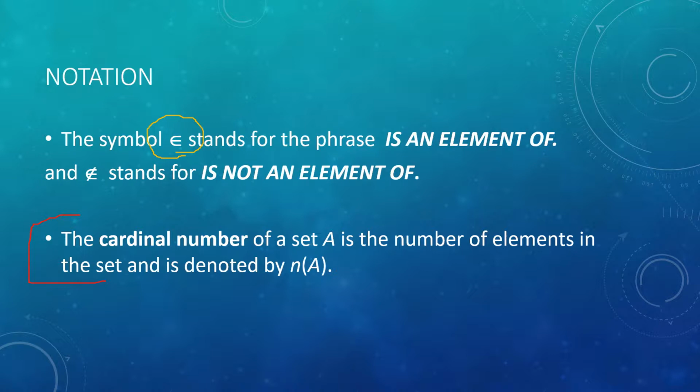It says the cardinal number of a set A is the number of elements that are in the set, and it's denoted by a little N, and then inside the parentheses A. The way that I would read this is N of A. Or I might just say the cardinal number of A. So the cardinal number is just where you count up the number of elements that are in the set.